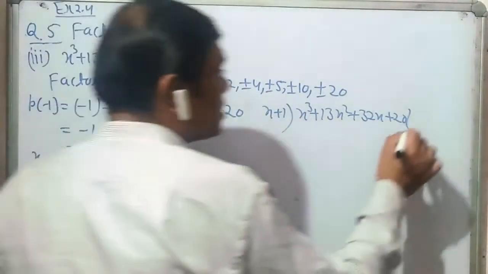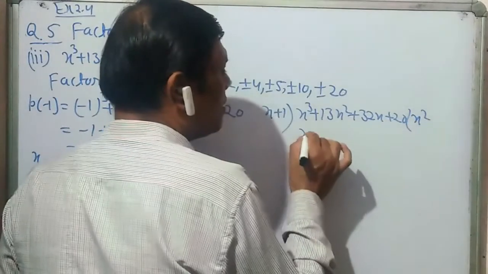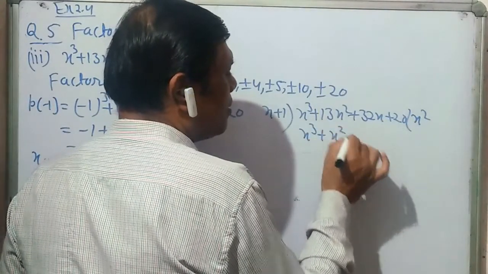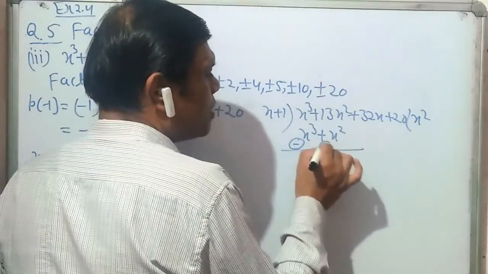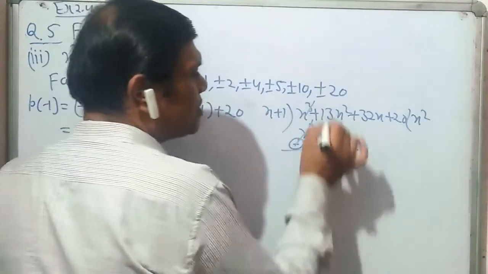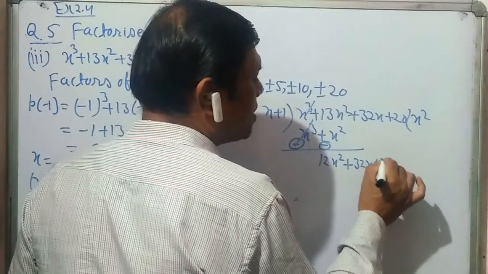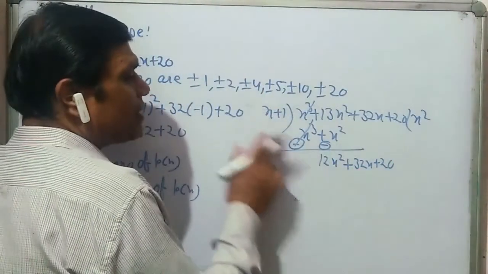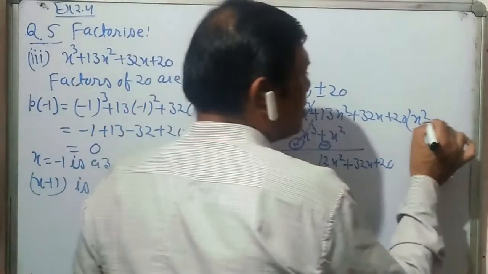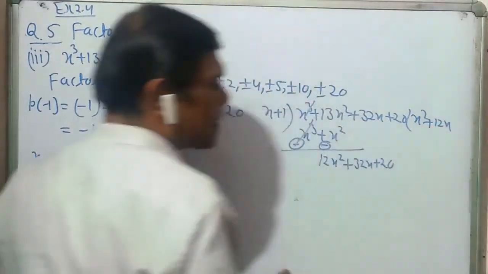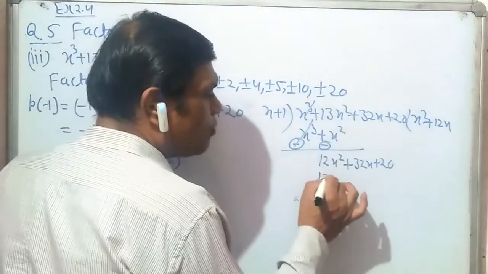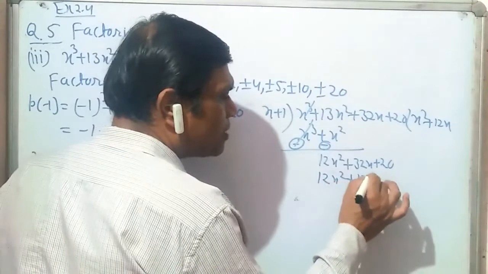x cube upon x, we get x square. Subtract, sign change, cancels. 12x square plus 32x plus 20 carried. 12x square upon x, we get 12x. We get 12x square plus 12x.